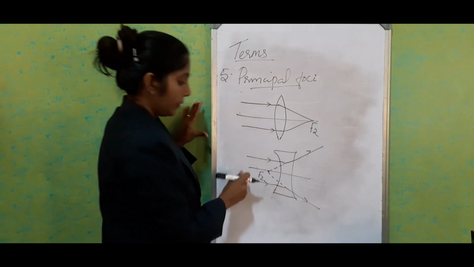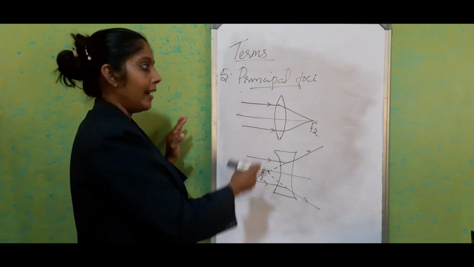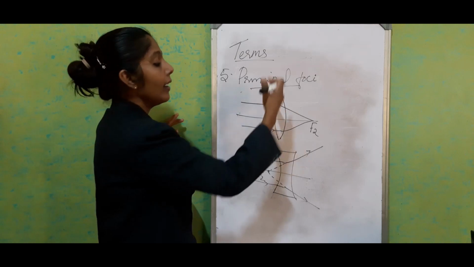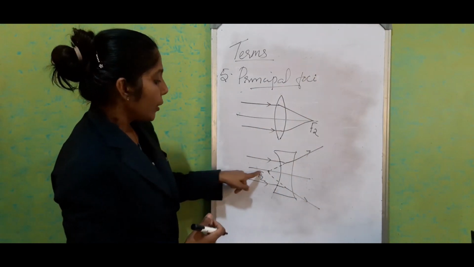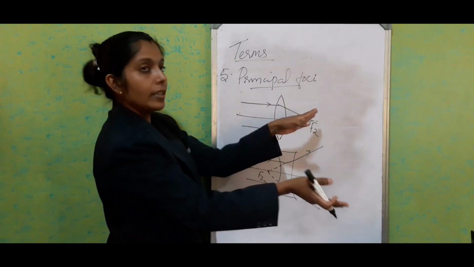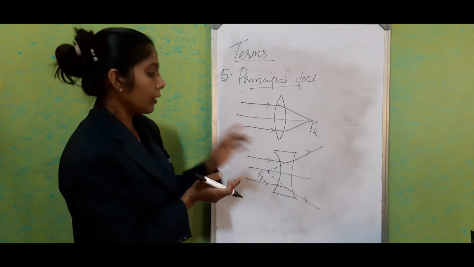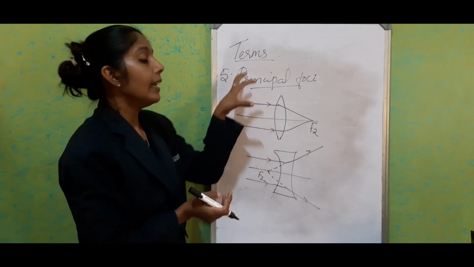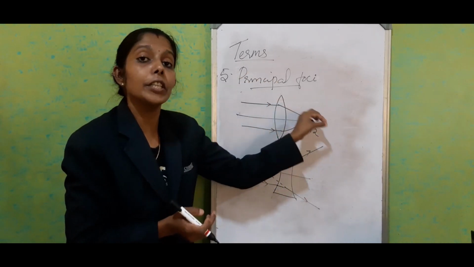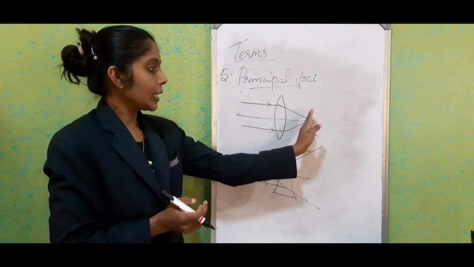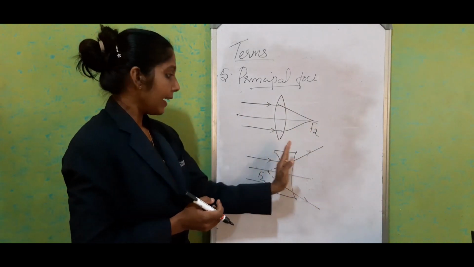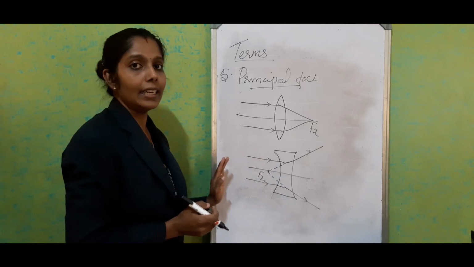Here the second focal point is on the left side, and for the convex lens it's on the right side. For the concave lens it appears to diverge from a point, and for the convex lens the rays converge to a point.